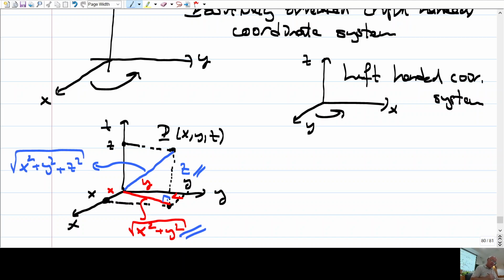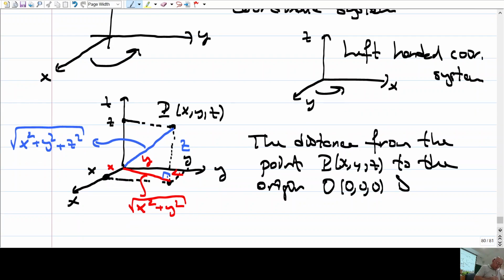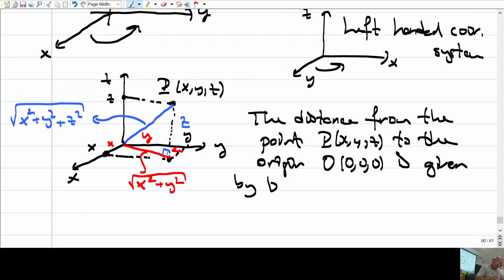So the distance from the point P with coordinates x, y, z to the origin O, which has coordinates 0, 0, 0, is given by the Pythagorean theorem as the square root of x squared plus y squared plus z squared.